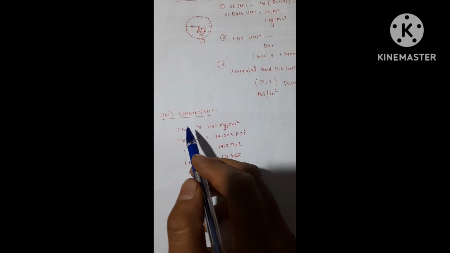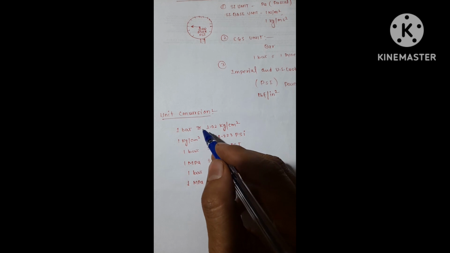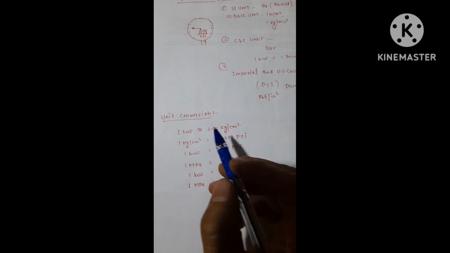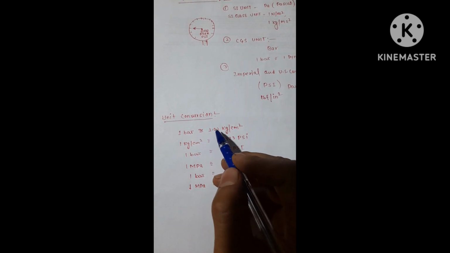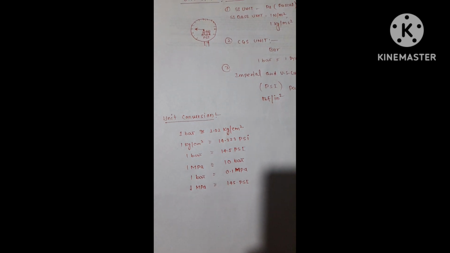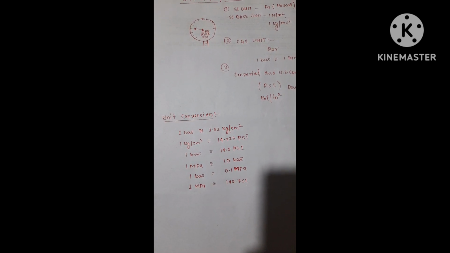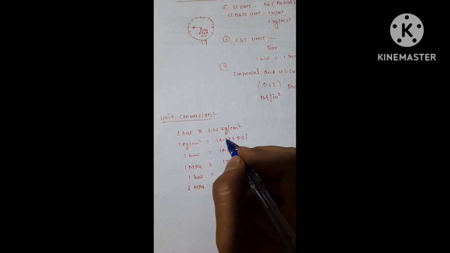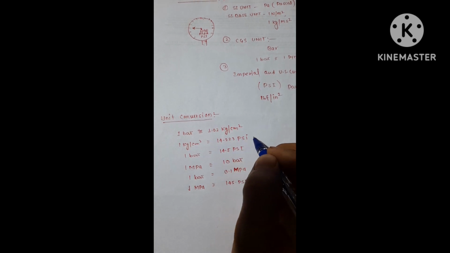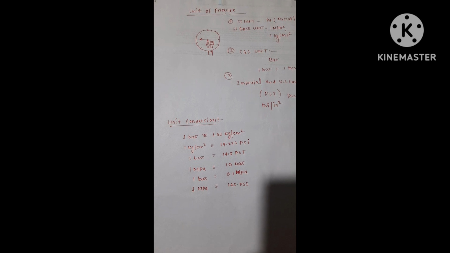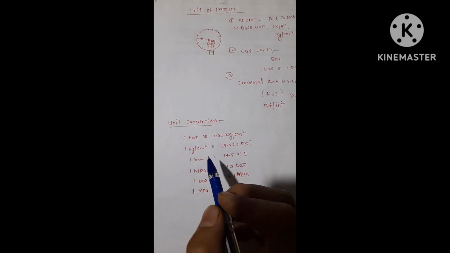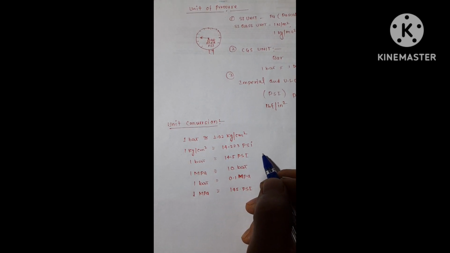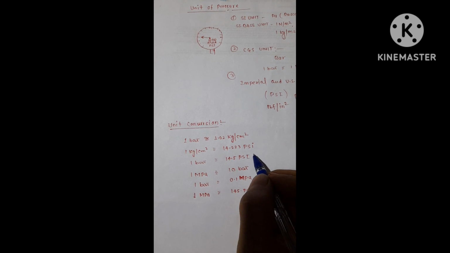I noted here: 1 bar is approximately equal to 1.02 kg per centimeter square, and 1 kg per centimeter square is equal to 14.223 psi, pound per square inch. Also, 1 bar is equal to 14.5 psi. This one I noted here.